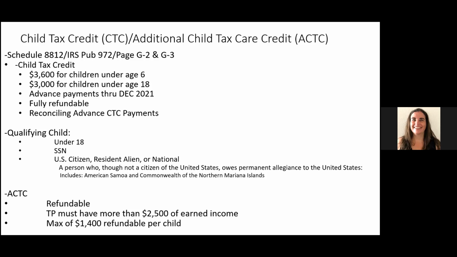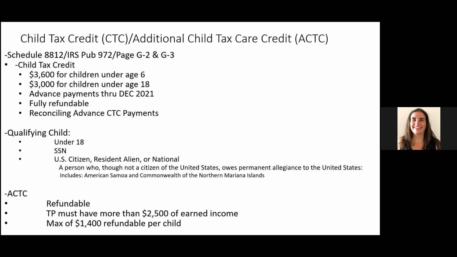Number 3, child must be claimed as your dependent. Number 4, your A, son or daughter, adopted child, stepchild, eligible foster child, or a descendant of any of them. And B, brother, sister, half-brother, half-sister, stepbrother, stepsister, or a descendant of any of them. For example, your niece or nephew. Number 5, didn't provide over half of his or her own support.